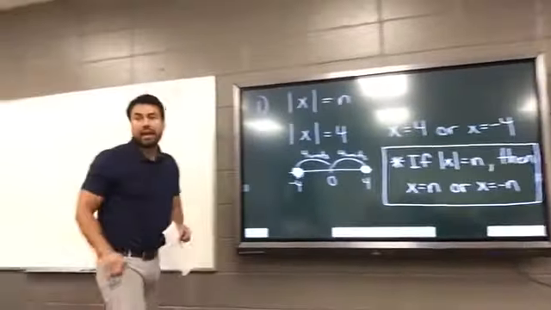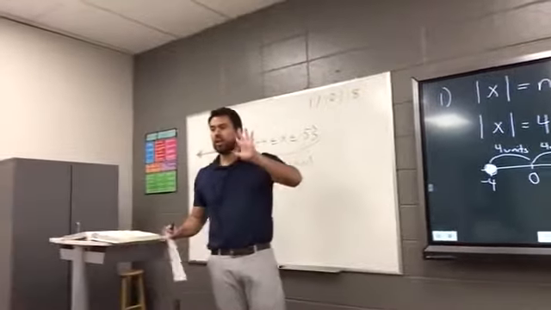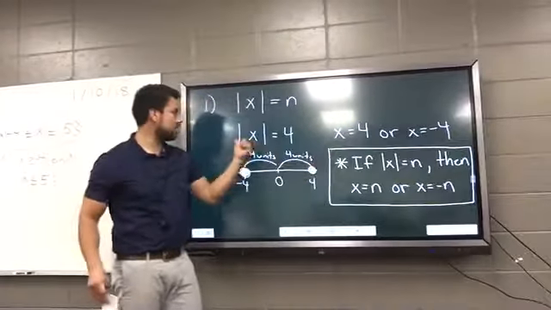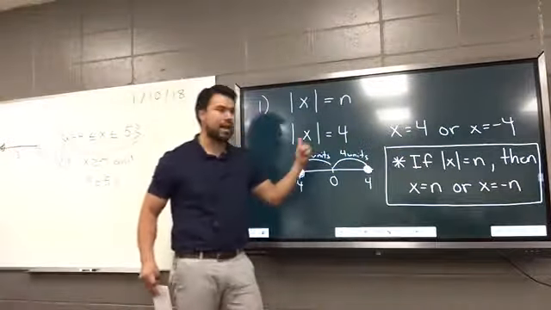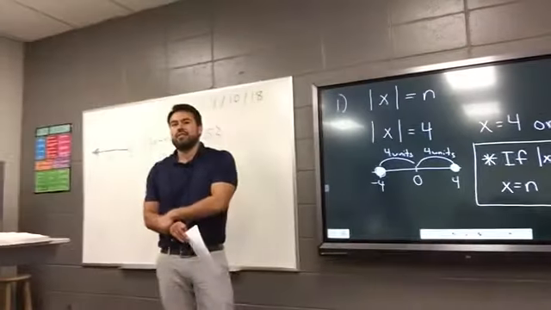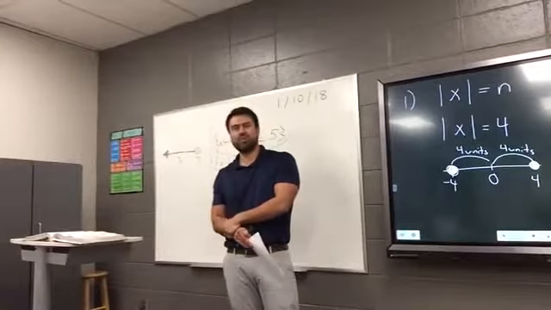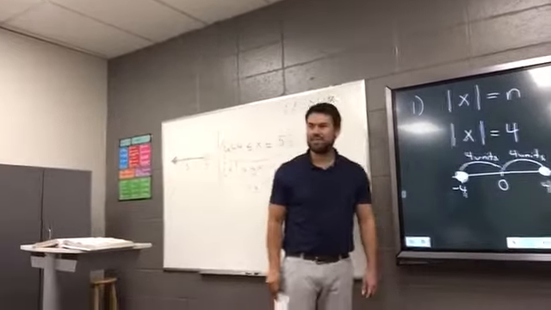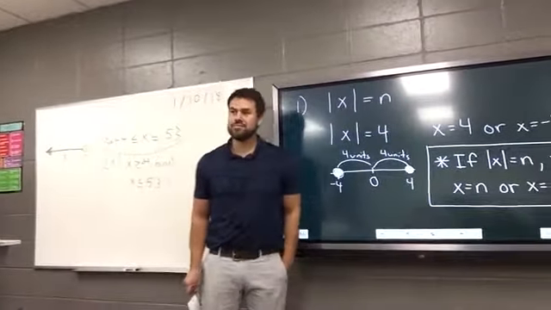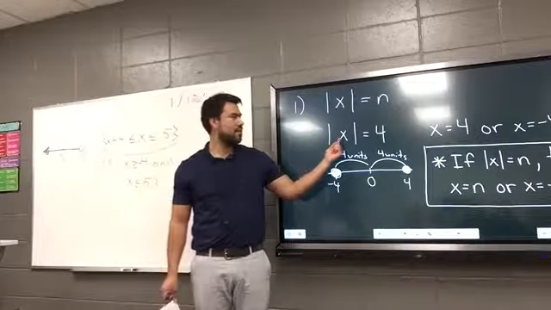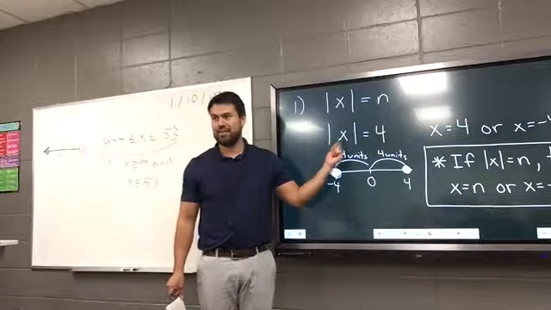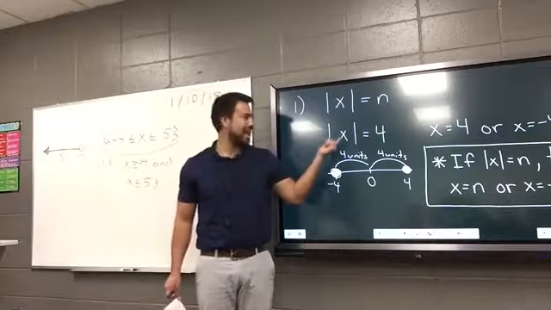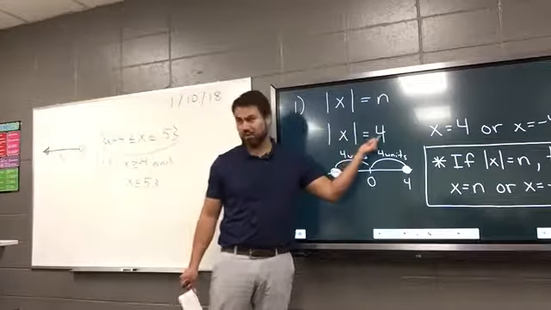That's the important part. Okay, if you raise your hand, who can apply this statement to the problem we just did right here? Ellie, what do you got? The absolute value of x is equal to 4.